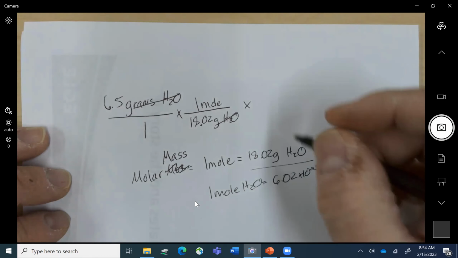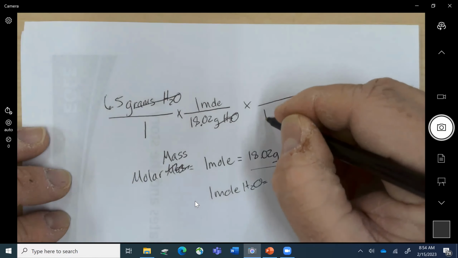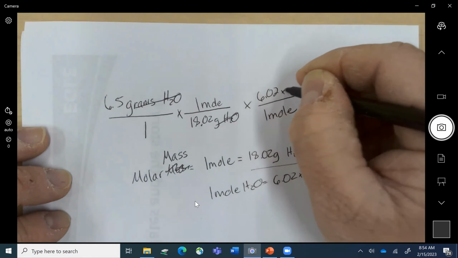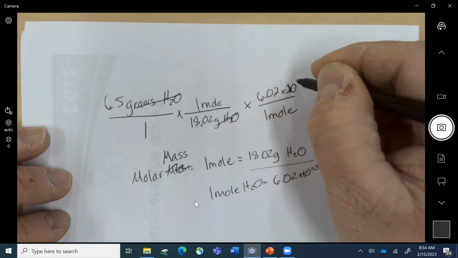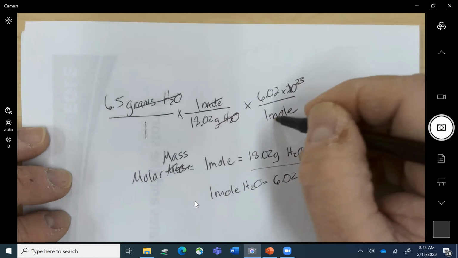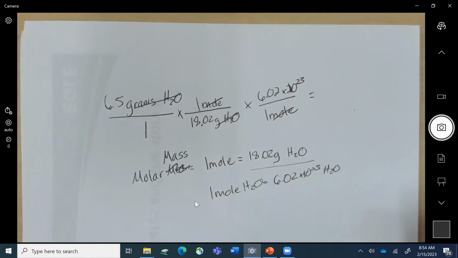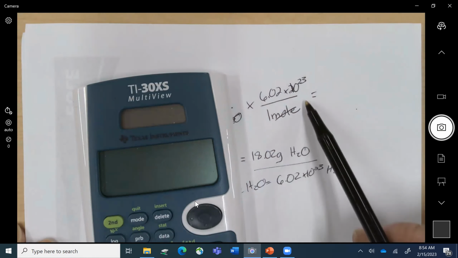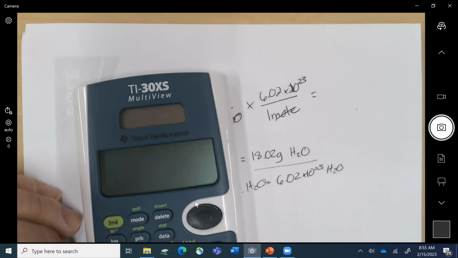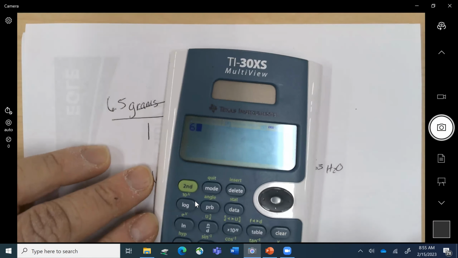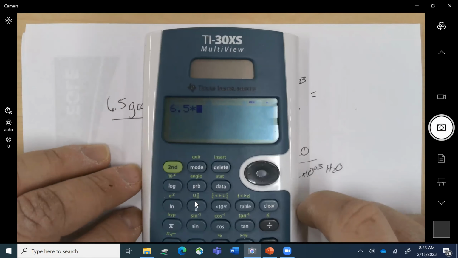See? Now I need to convert the mole to particles. Times 10 to the 23rd. So mole and mole cancel. Now, the big thing here is how do I use my calculator? Because times 10 to the 23rd is a weird number, okay? Let me show you how that works. So it's going to be 6.5 times, as you can see there.